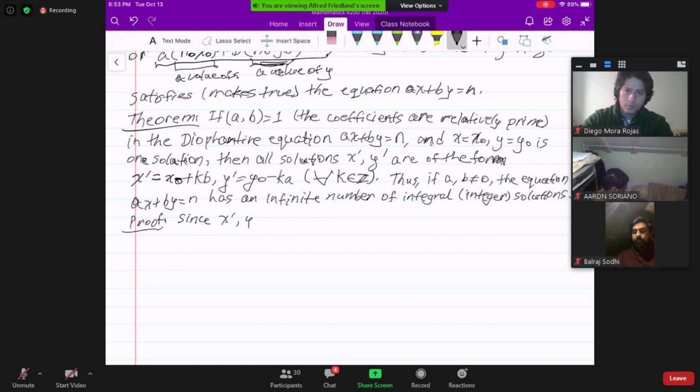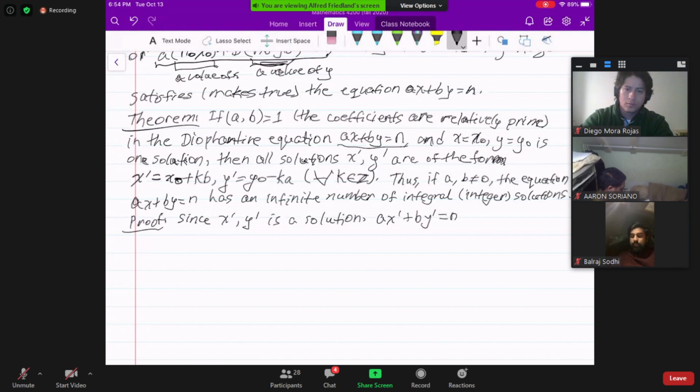So since x prime, y prime is a solution, that means when you put x prime, y prime into the equation, it satisfies the equation. So we can write over here this ax plus by equals n, as since x prime, y prime is a solution, ax prime plus by prime equals n.